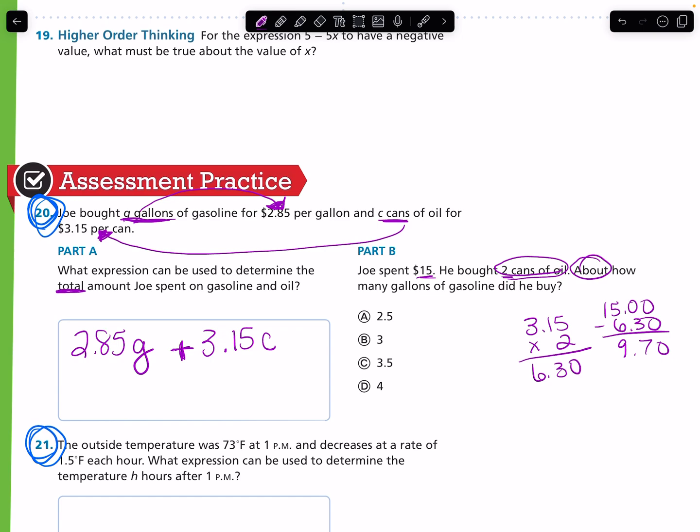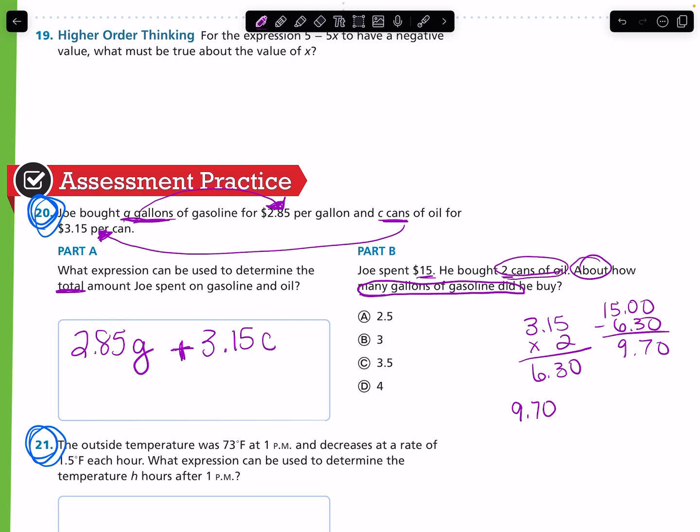Press pause and talk about what we need to use that $9.70 on, and how we can figure out how many gallons of gasoline, which is our overall question. How many gallons of gasoline did he buy? What operation are you going to use with that $9.70? Push pause, talk about it, then come back. Well, basically, he's got $9.70 left to buy gas.